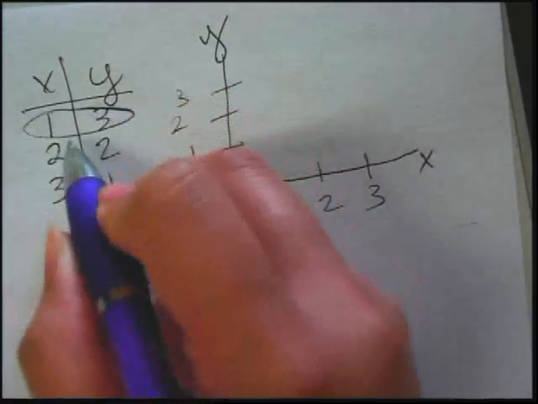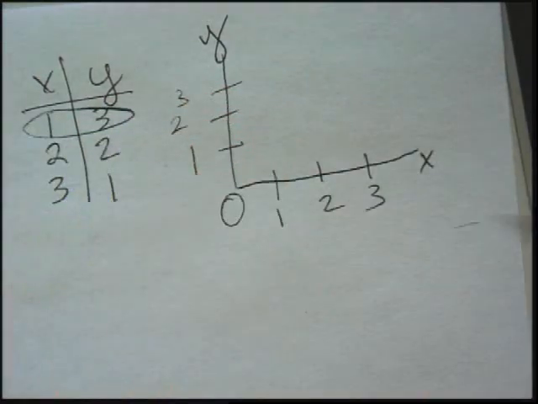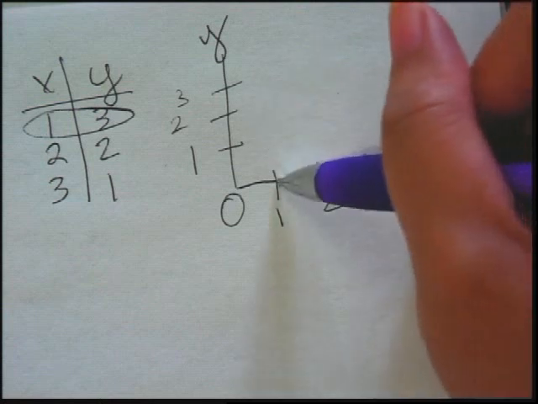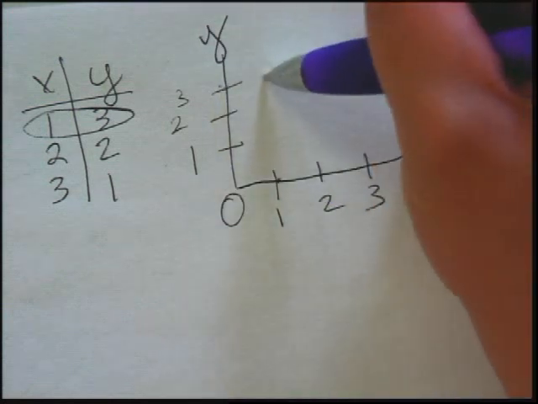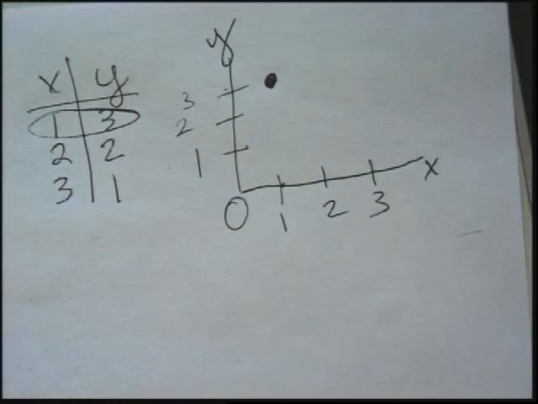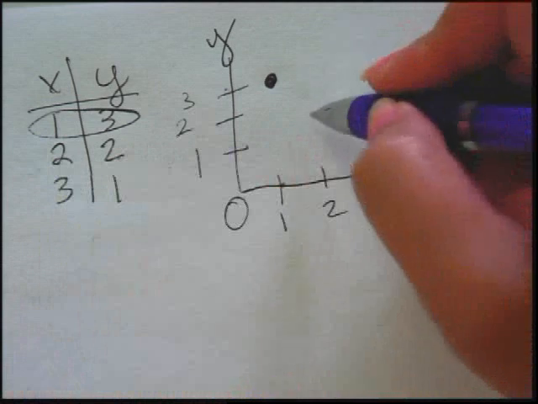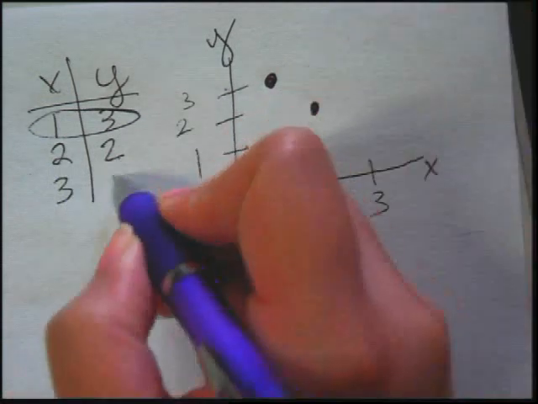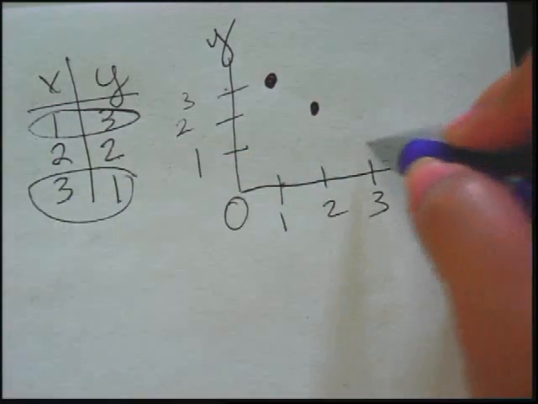First data point, x is 1 and y is 3. So we're going to find where x is 1 and y is 3. That would be represented by this point. 2 and 2 is right there. And then when x is 3 and y is 1, we're right there.